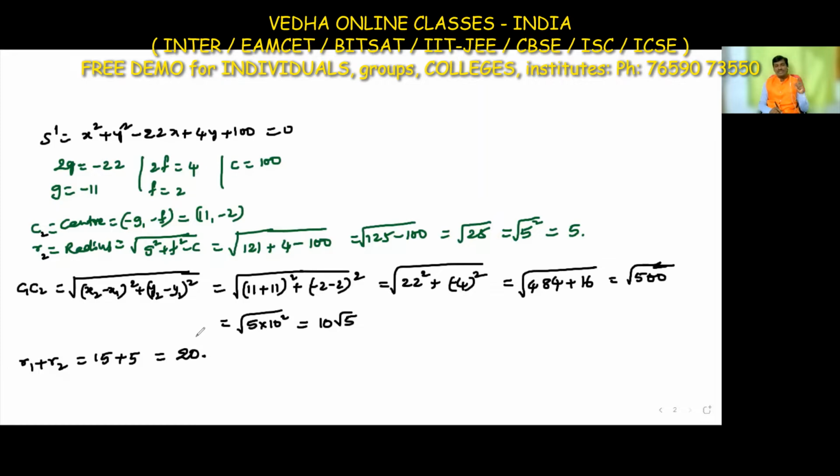R1 plus R2 is 20 and C1 C2 distance is 10 root 5, so that means it is more than 20. C1 C2 distance is more. That means they are not intersecting. They are not touching.